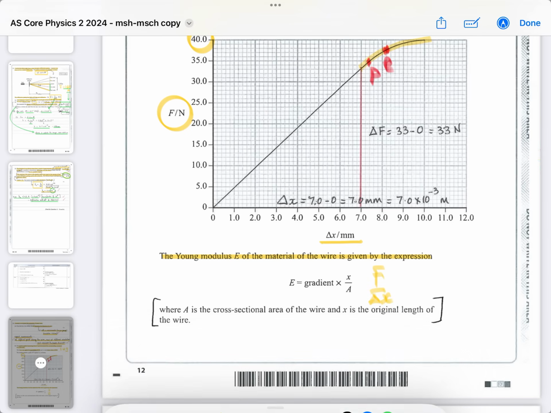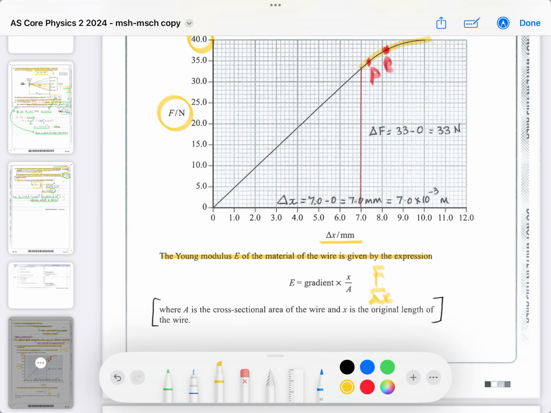They're saying if you can work out the gradient and then multiply it by the original length and divide it by the cross-sectional area, you can work out Young's modulus, which is true. Because Young's modulus, you should know, is stress over strain. So I'm just rearranging it to show you.